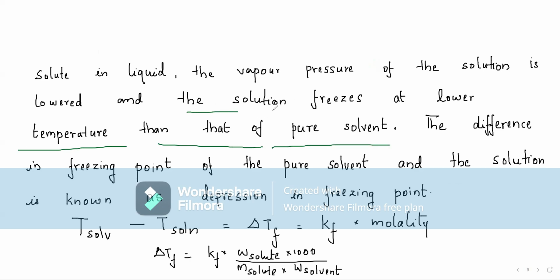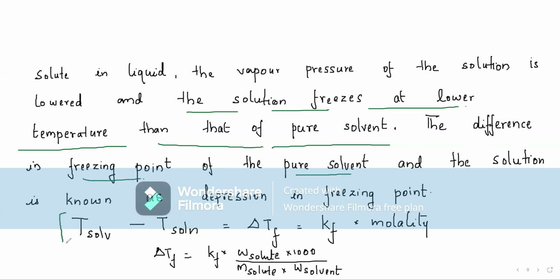Write this down. This is a very important point: the vapor pressure of the solution is lower than the vapor pressure of the pure solvent. The difference in the freezing point of the pure solvent and the solution is called depression in freezing point.